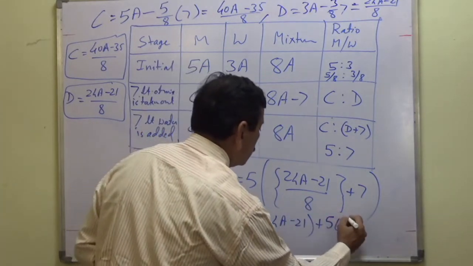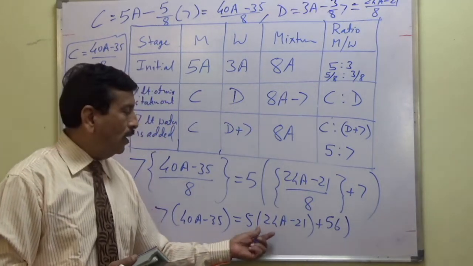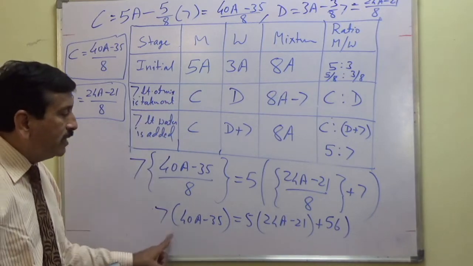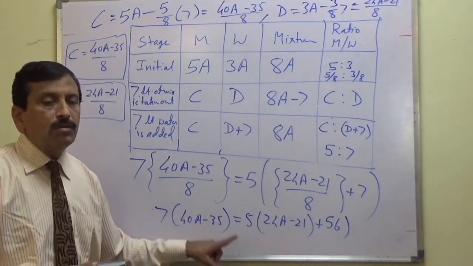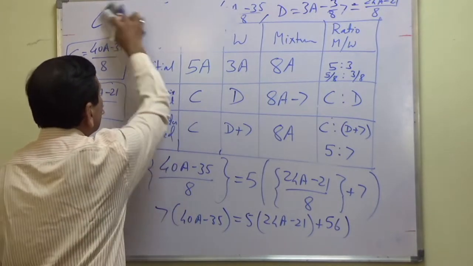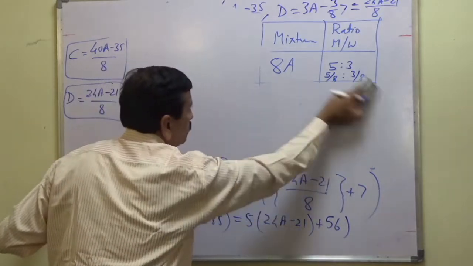Am I right? Yes. Alright, so this is what I get. Now I will rub the table and try to simplify. Single equation, single unknown. So my aim is to get the value of A. Let us see how we solve it.